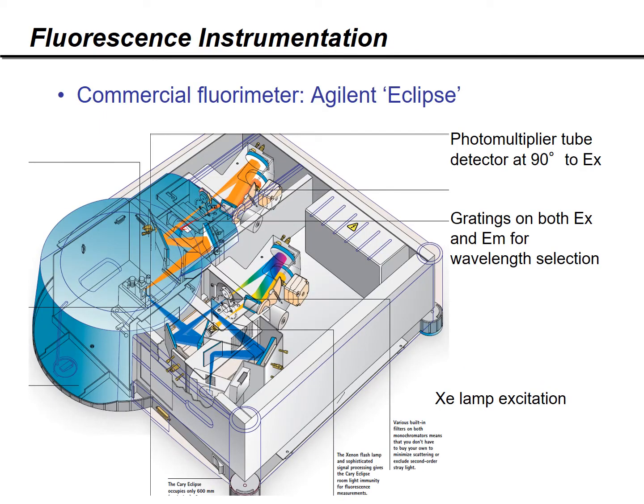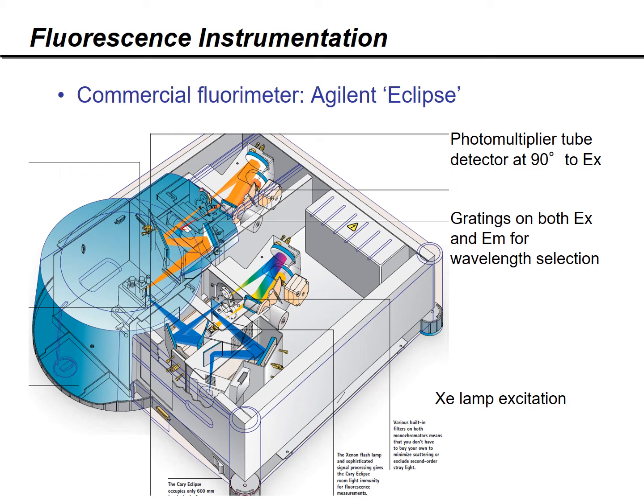Okay, here's a little change of tack. How do you measure that emission spectrum that we saw on the previous slide? Well, you've all probably used the Cary Eclipse fluorimeter made by Agilent up in the second year lab. If you've done either Prac 4 or Prac 9, I think it is, you'll have used the fluorimeter. So here's a little cutaway to show you what's in there. We'll start at the back end.